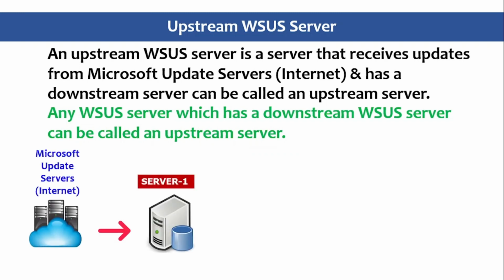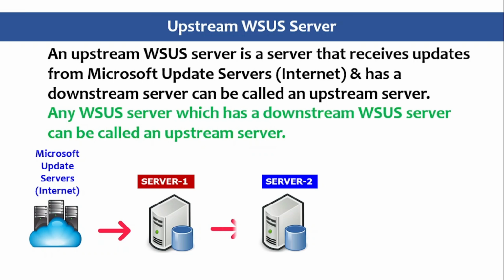We have Microsoft Update servers, we have server 1, this is our Root WSUS, and again upstream. Now we have another server, server 2, and server 2 is configured to synchronize updates from server 1. So server 1 can be called an upstream WSUS server for server 2.